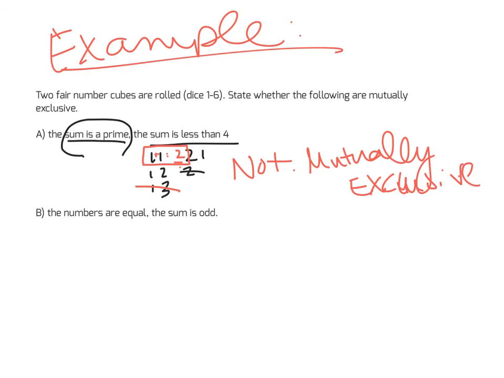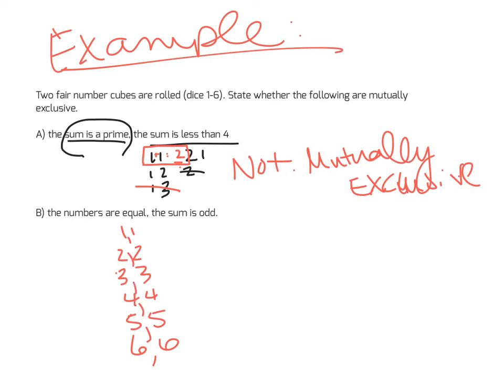So this next example, the numbers are equal and the sum is odd. If you think of all the ways you could roll equal for 2 dice, 1, 1, 2, 2, 3, 3, 4, 4, 5, 5, and 6, 6. This is the sample space for all of those outcomes.